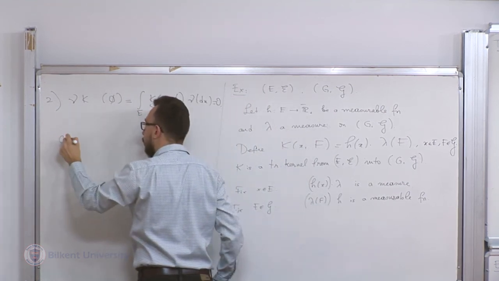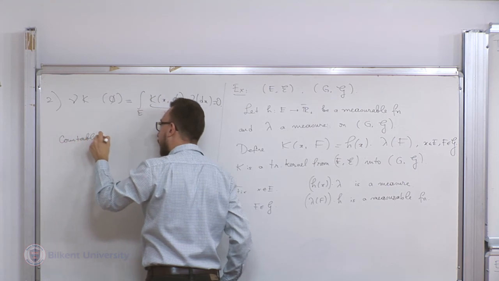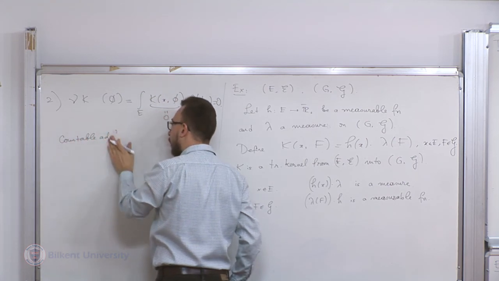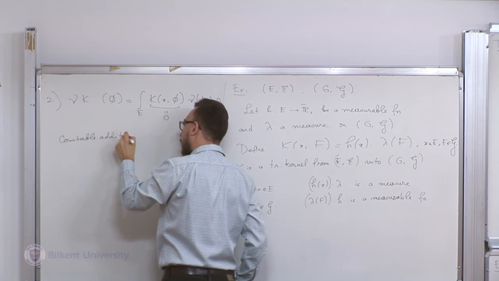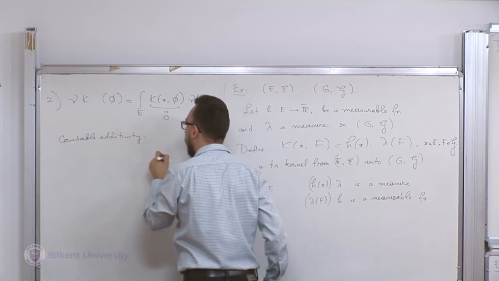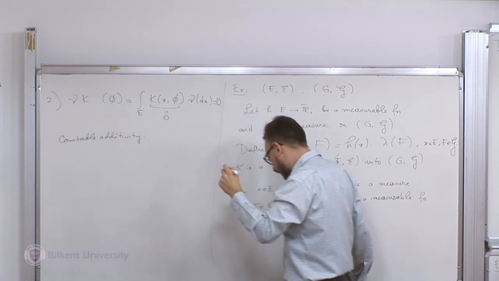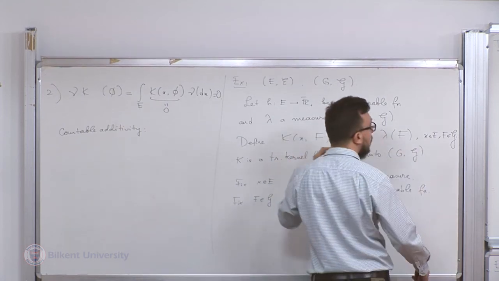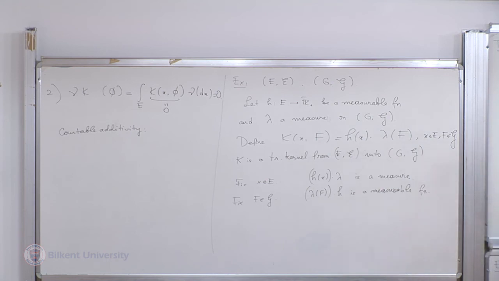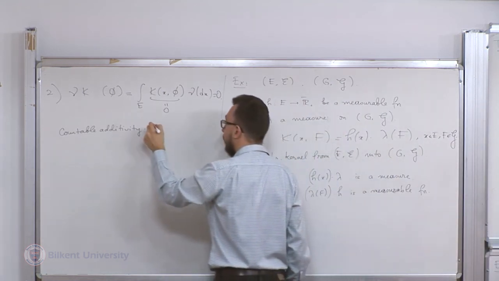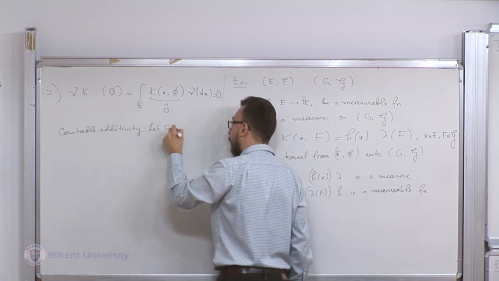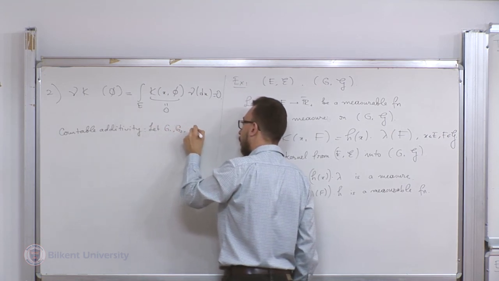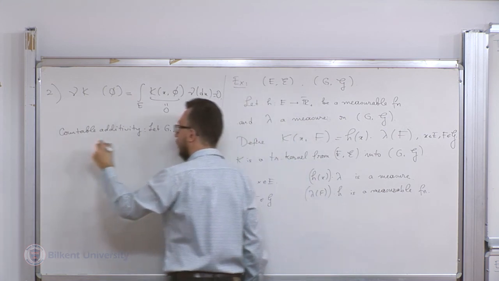And also we need to check countable additivity. So for this we need to take some disjoint sets, right? So what does number 2 say? This is a measure on the second space. So let's take some disjoint sets from the second space. Let F1, F2 be disjoint sets.